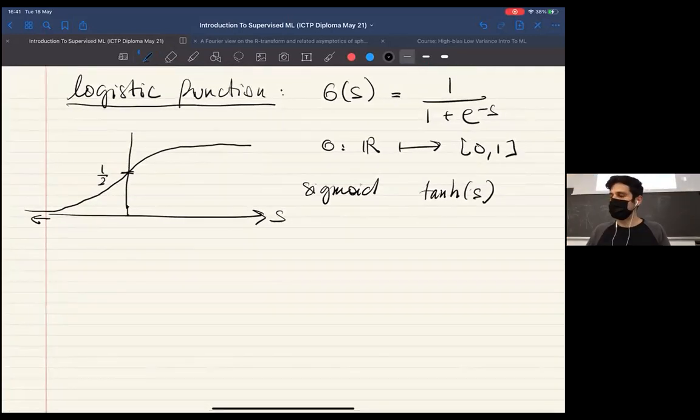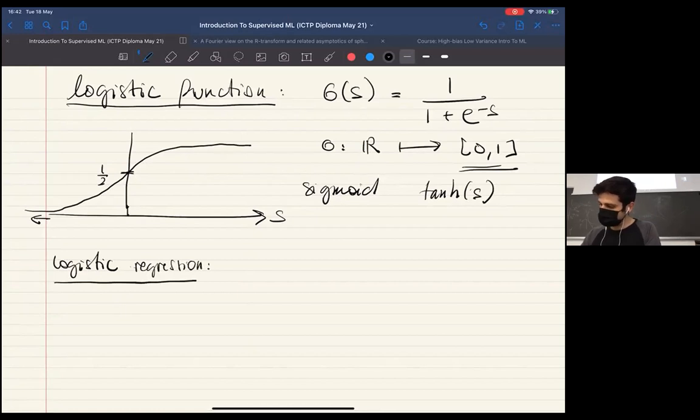Any function with this shape is a sigmoid, okay? But we specifically take the logistic, which is arbitrary, but we like it because the output can be interpreted as a probability distribution. It's a number between 0 and 1, okay? And so in logistic regression, the model that we assume, our hypothesis class, is like this.